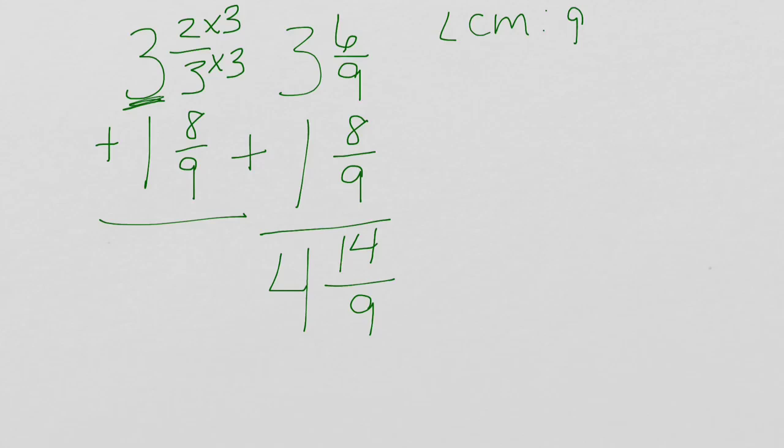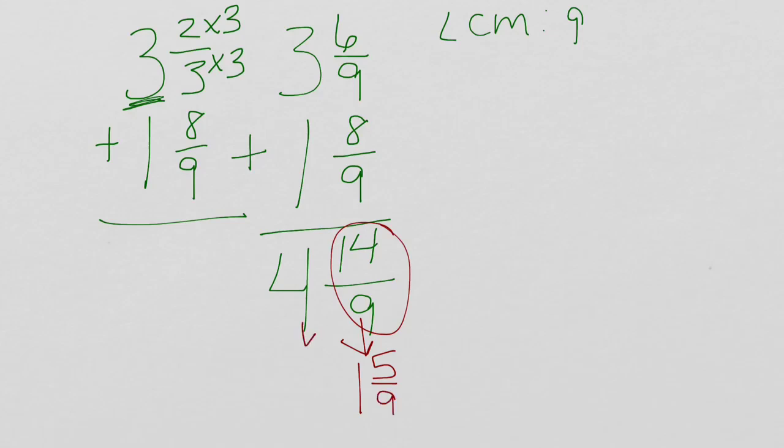But 14/9 is improper. So let's change that into a mixed number. 9 can go into 14 one whole time. I would have 5 left over, and they were ninths.